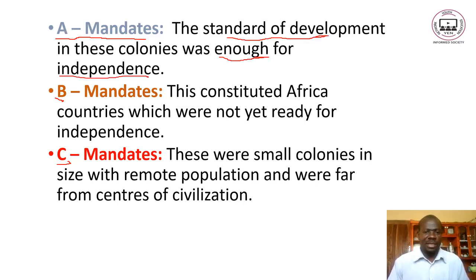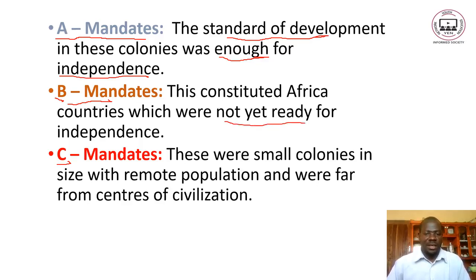So these A mandates were ready for independence. And the B mandates, these ones were like the countries in Africa which were not ready for independence.